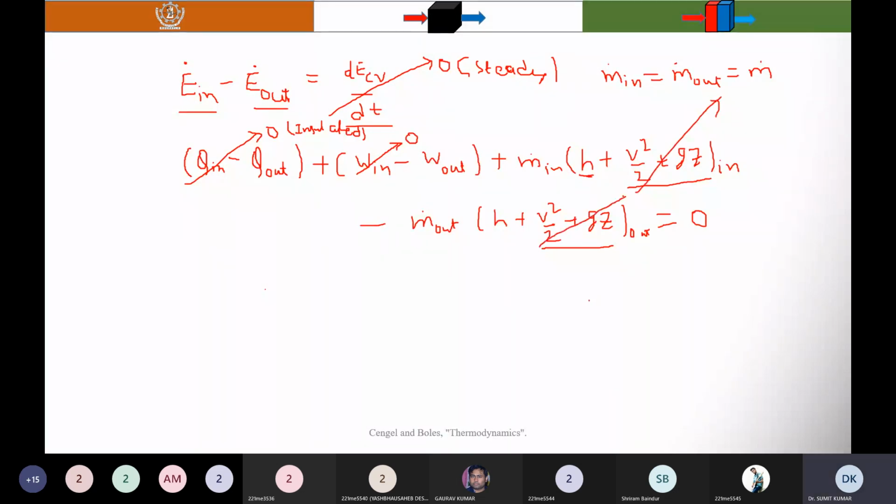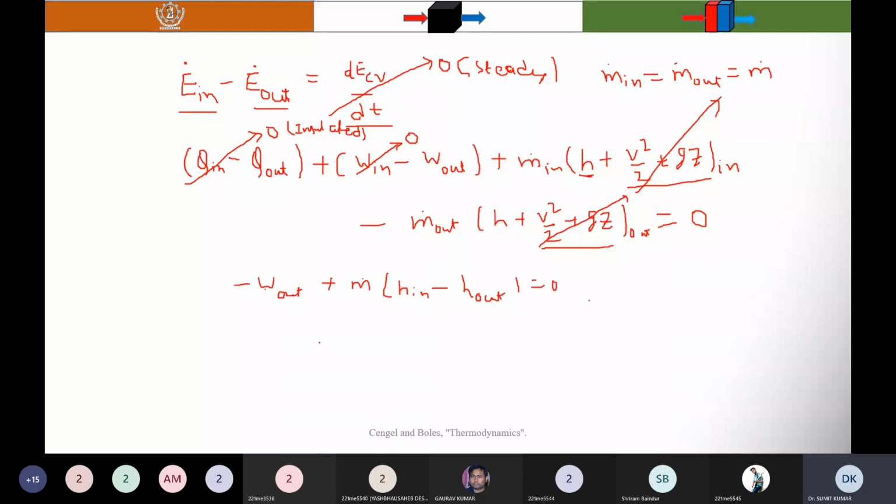So what are the remaining terms? It is written as minus W out plus M. You know that for steady flow, the mass flow rate at the inlet is equal to the mass flow rate at the outlet. So M into (H in minus H out) equals 0.